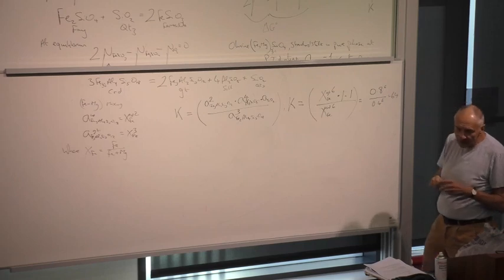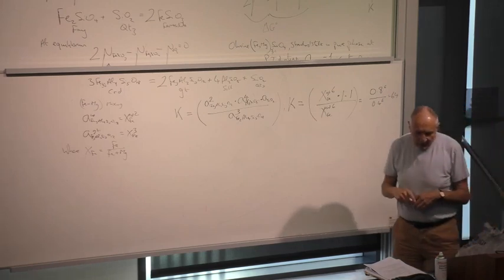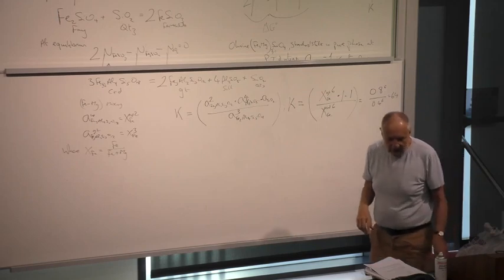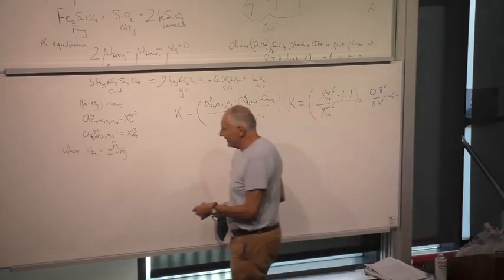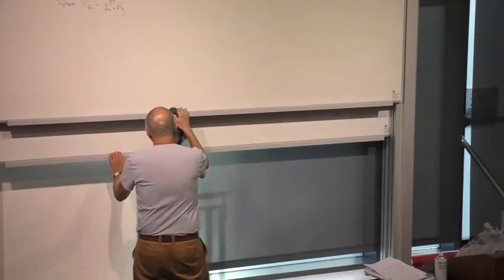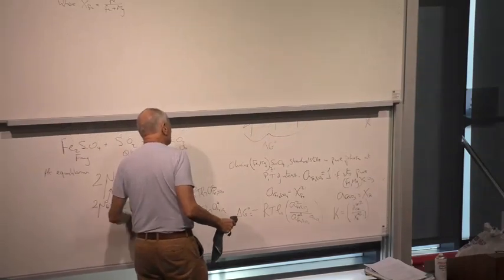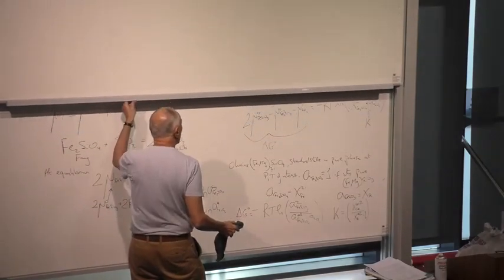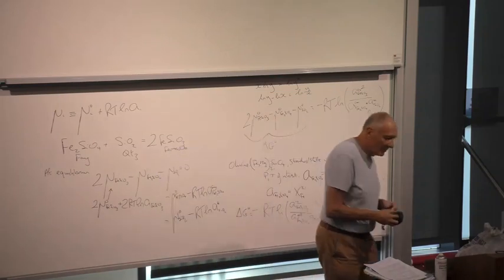Now that's using the standard state of the pure phase at the pressure and temperature of interest. Okay, why does that matter? Why do we need a standard state? Well, we need to know, because none of these chemical potentials and free energies are absolute values.